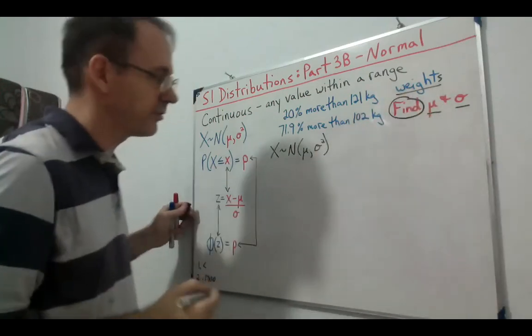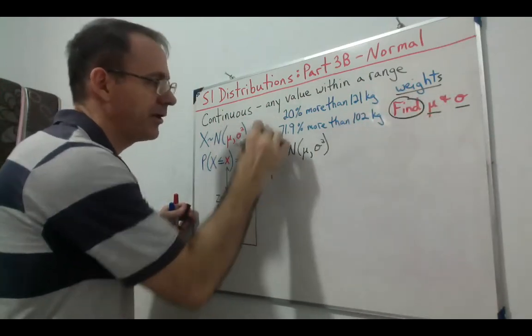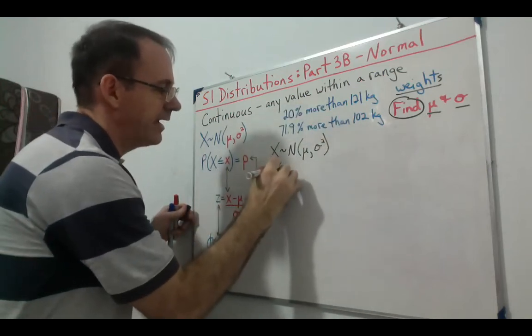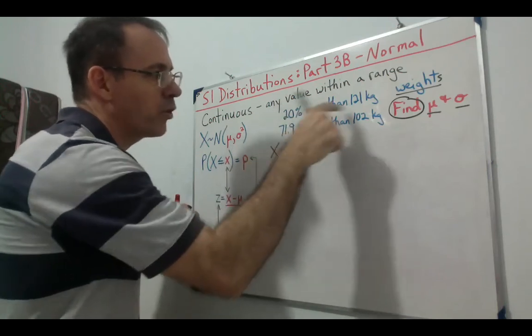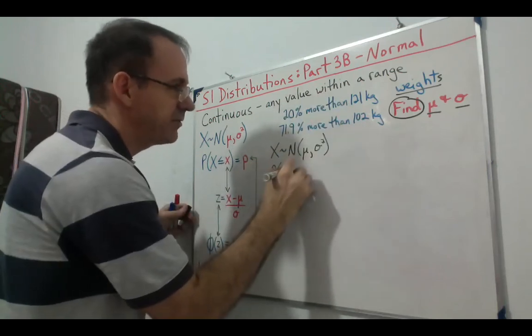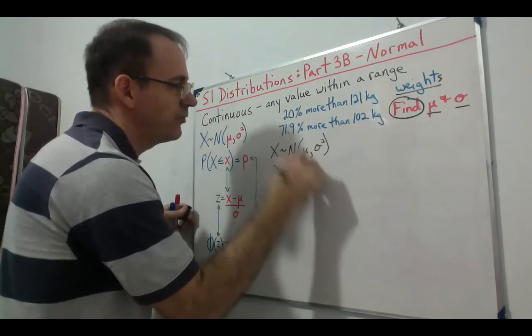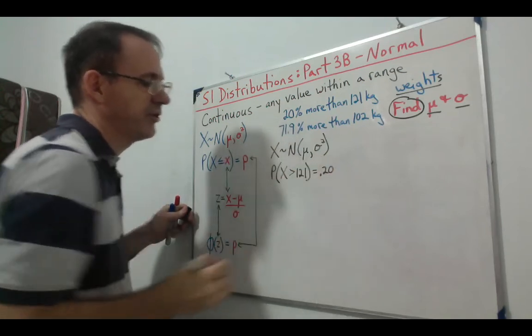We don't know either of those. And our probability statement, there are two of them. The probability that our random variable is greater than 121 is equal to 20%, 0.20.